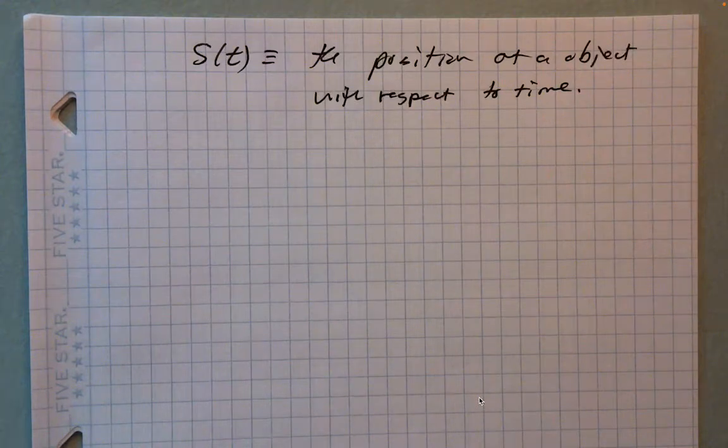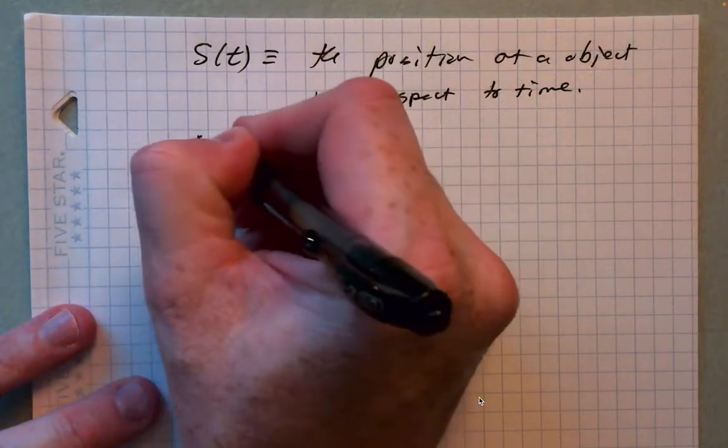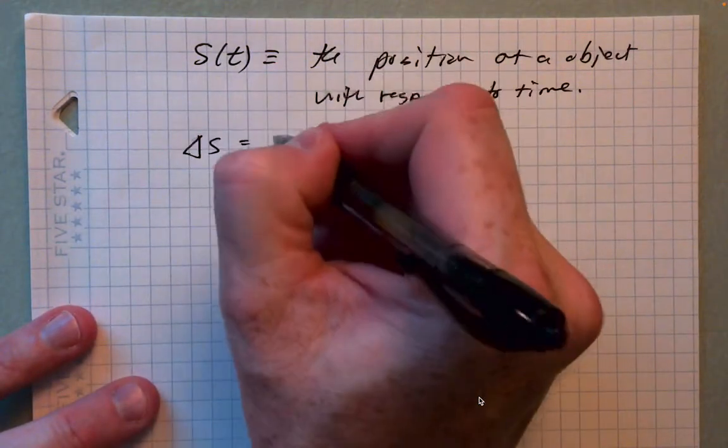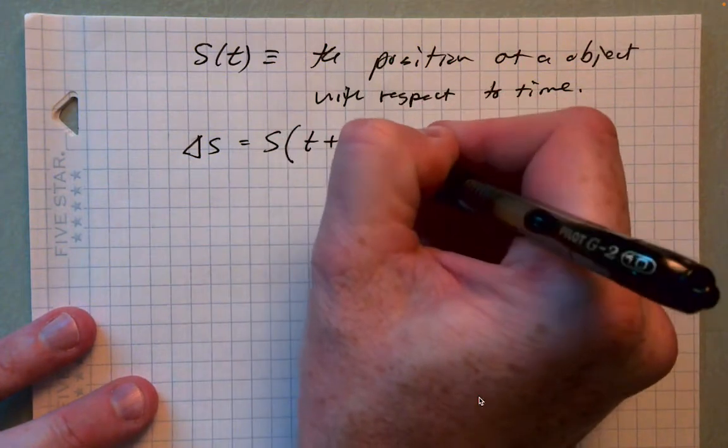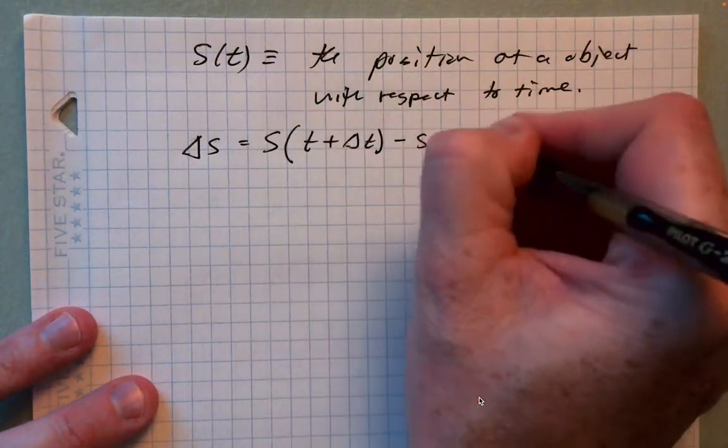If an object moves relative to time according to this position function, then this position function tells me where the object is after t time. So if over a period of time, delta t, the object changes its position by, maybe we'll say, delta s is equal to s of t plus delta t minus s of t.